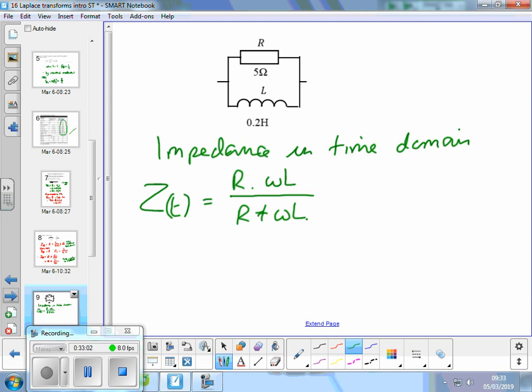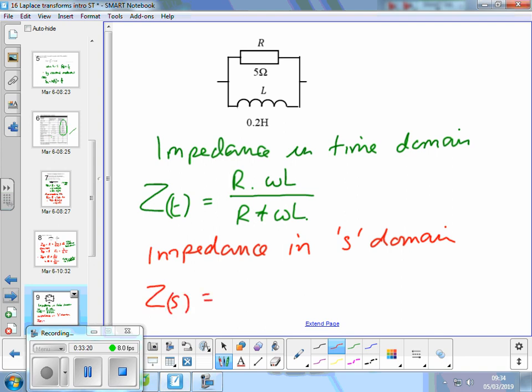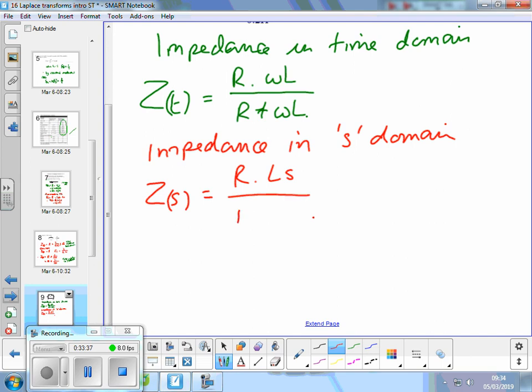So the impedance in the S domain is going to be R times LS over R plus LS.